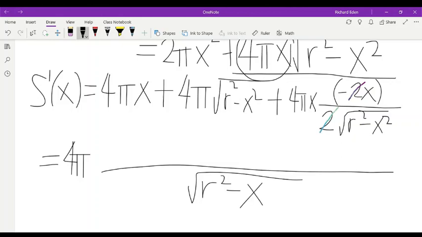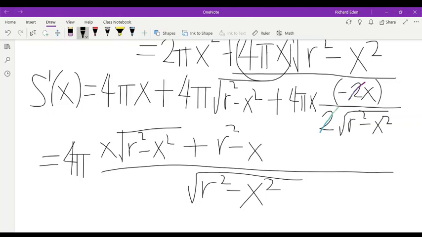Don't forget that you've already factored out 4 pi. So here you have x times the radical, square root of r squared minus x squared. And then from the second term, 4 pi has been factored out. So you're left with just r squared minus x squared. Two square roots multiply to each other.